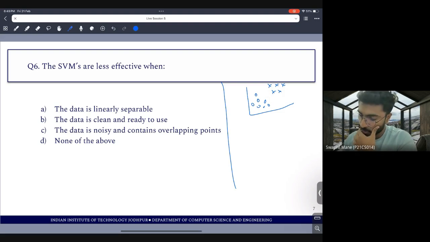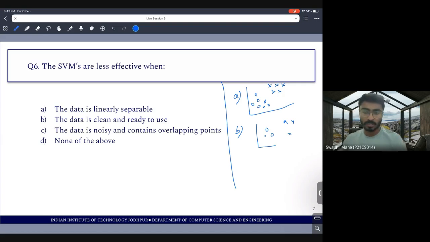So this is option A. Option B is that the data is clean, meaning there is no noise in the data. You can directly visualize it, there is no issue, there are no missing or null values, and the data is clean and well suited. Option C states that the data has noise.